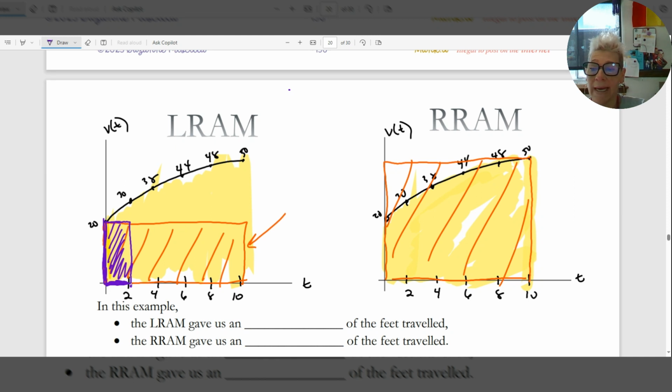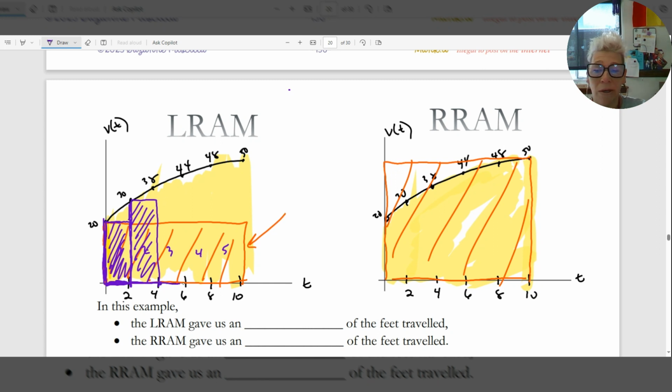If we now take a second rectangle from time 2 to time 4, with our left-hand side of 2 to 4 being the height of that rectangle, then we're going to top it off and come over here. I'm actually going to make 5 rectangles, 1, 2, 3, 4, and 5 using 2-second intervals.